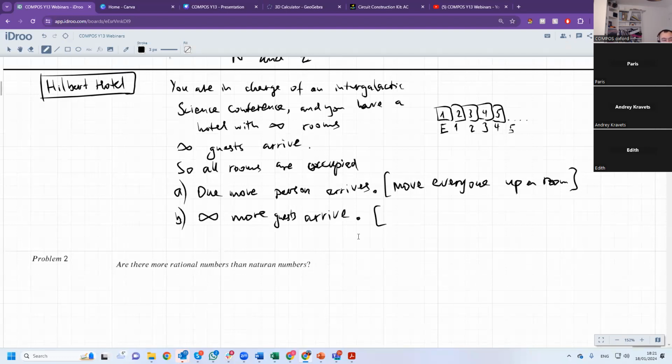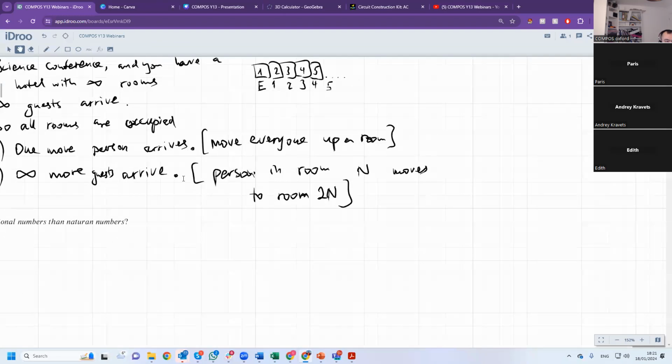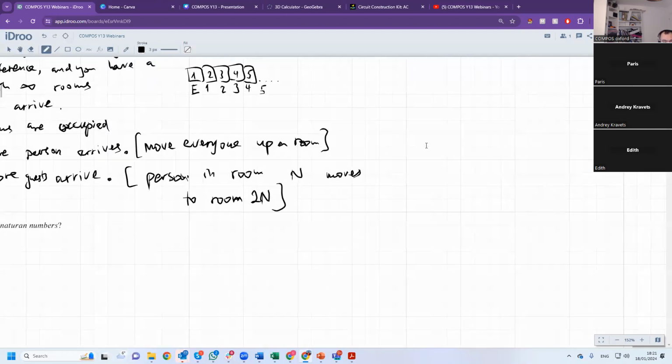So what you do is the person in room N moves to room 2N. In this way, the first person goes into room 2.